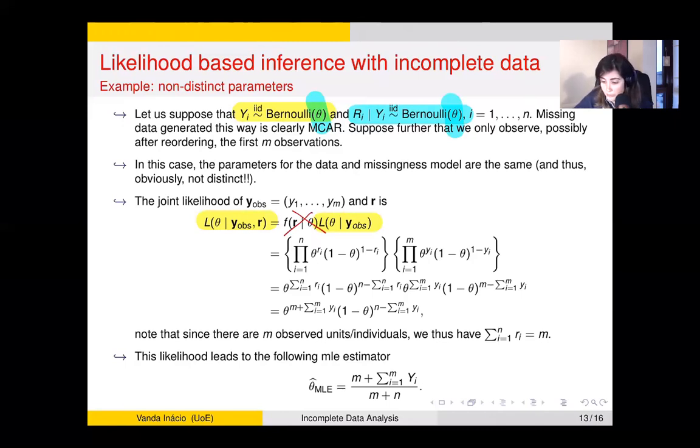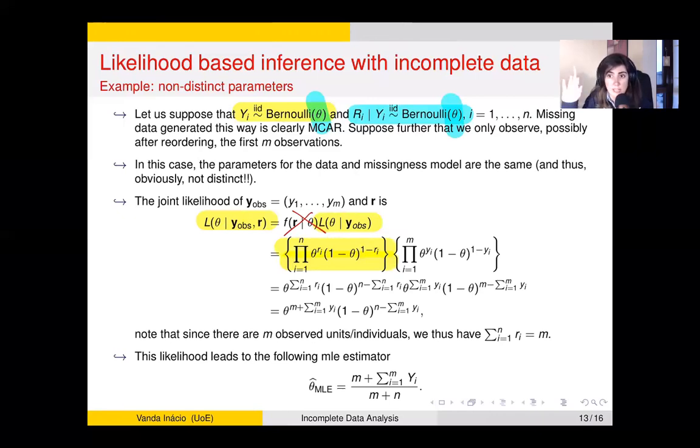So I know this is similar for the missing data mechanism to what we had in the example of the normal distribution. I'm saying that the random variables follow a Bernoulli distribution. So an observation is observed, or is available, with probability theta, and this is exactly what we had before for the normal example.